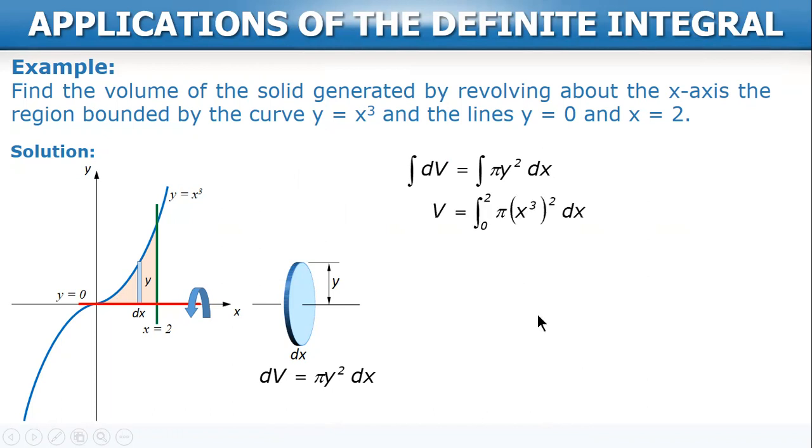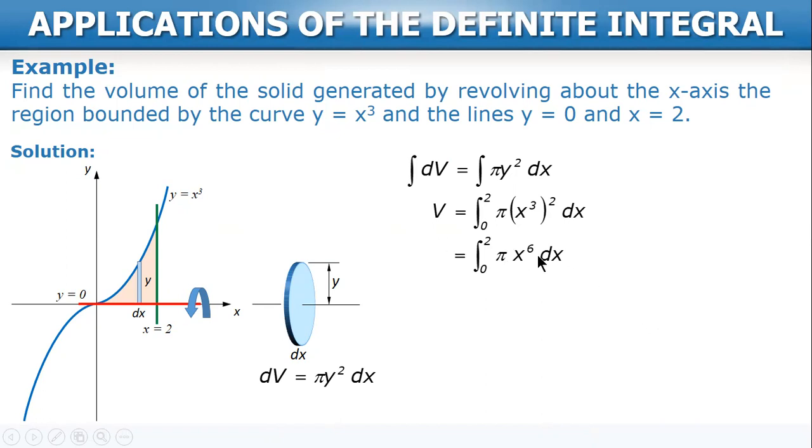So we have this. So y is x cubed and then squared. Using law of exponents, x cubed quantity squared is equal to x raised to 6. So sa law of exponents, if you have two exponents, you will multiply the exponents, 3 times 2, so you have 6. This is the result.